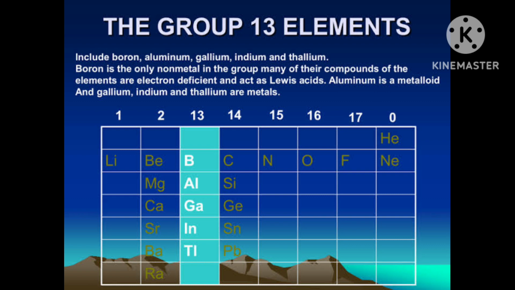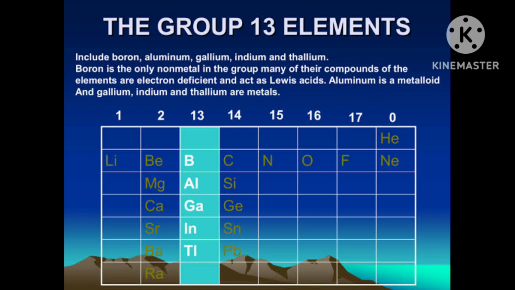Now I am talking about the physical properties. Boron is non-metallic in nature. It is an extremely hard, black colored solid. It exists in many allotropic forms due to a very strong crystalline lattice.